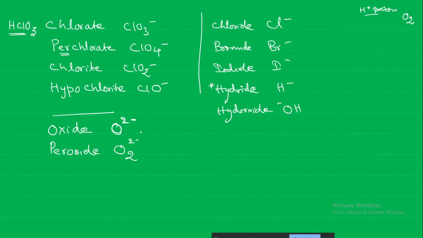Oxide. Then you tell me, sodium oxide, what should be the formula? Na2O. Because Na is single positive and oxygen is 2 minus, then according to your crisscross method, you make both sides balanced.